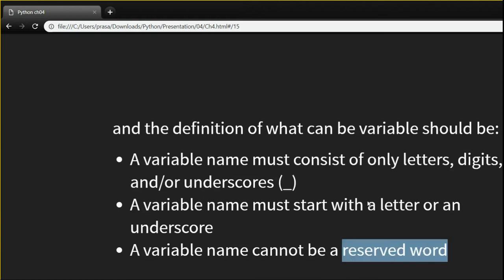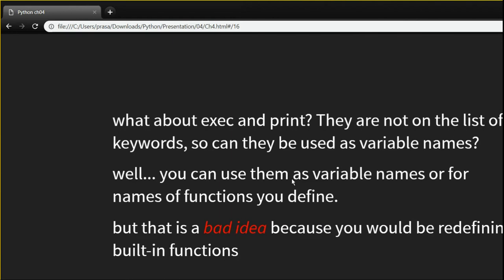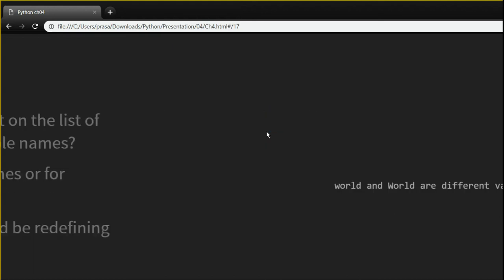A variable cannot be a reserved word like True or Null. We've seen that as well. It must start with a letter or an underscore, but we mentioned that underscore is not a best practice. So a variable should start with a letter, not a number. We checked what will happen if we try to play with the function. That is the print example that we saw before.